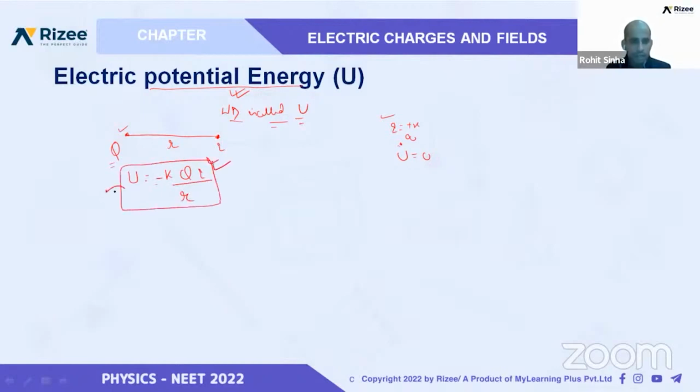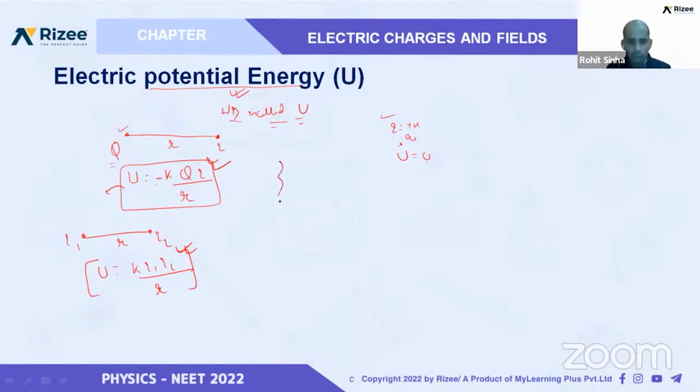If we have charges Q1 and Q2 at distance R, U will be K Q1 Q2 by R. This will be the electric potential energy for a 2-point system. By this way, we have found the electric potential energy.